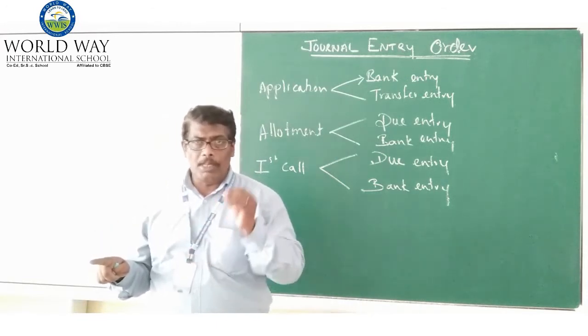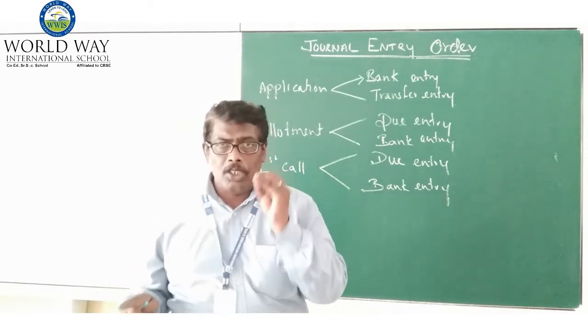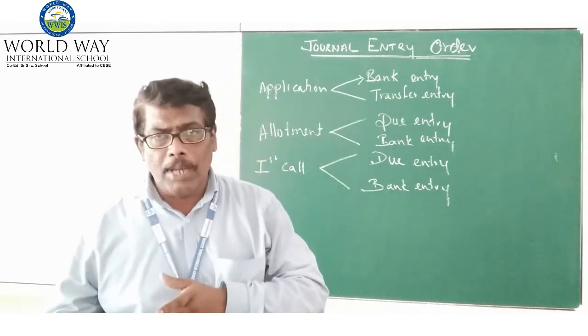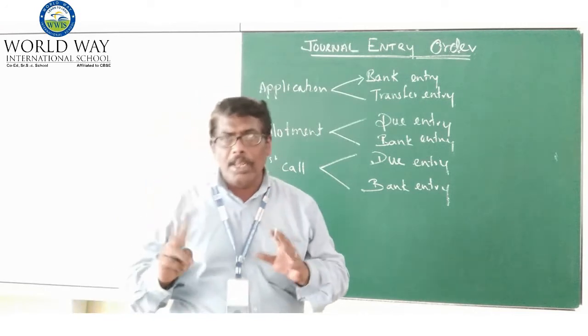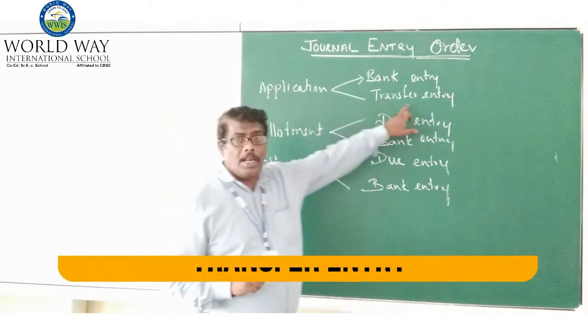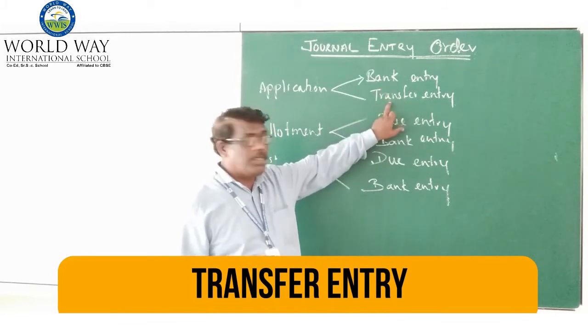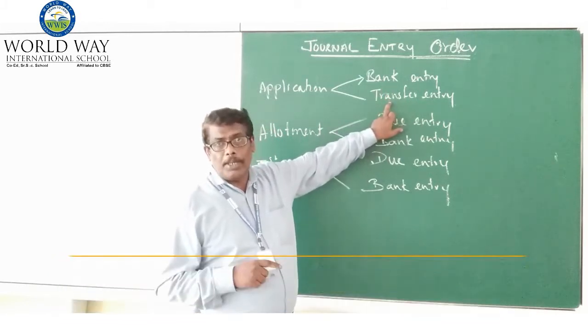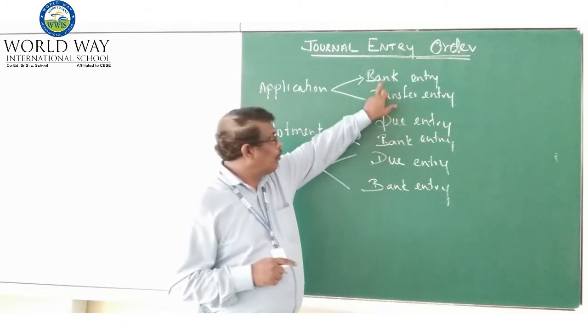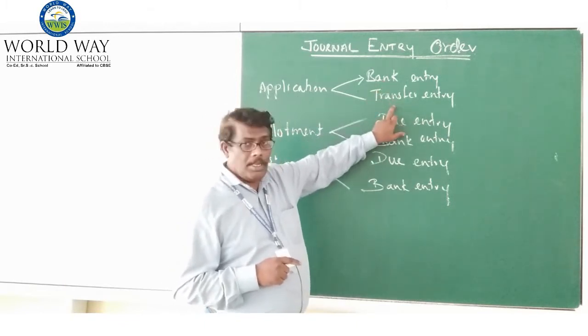You getting the point? So the second entry we have to pass is the transfer entry. Whatever money is received in the application process has to be transferred to the capital account. So first we prepare the bank entry, then the transfer entry.